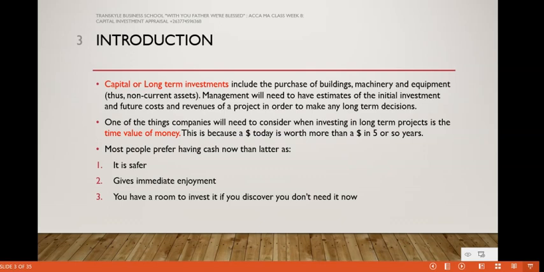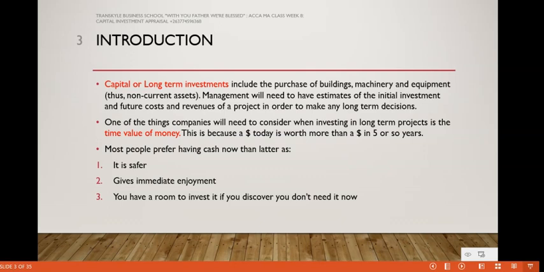When you are forced to expect future monies to come back, there is a risk that the money won't come back. If you invest in something, there's a risk that the money which you have used is not going to come back. This is why people prefer to keep their money. The other thing is when you have your money within your possession, you have got enough room to invest in whatever venture you come across.